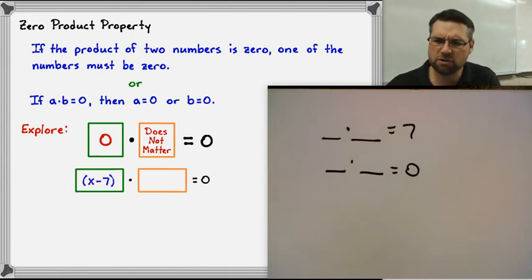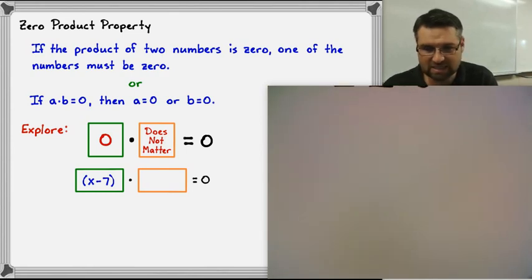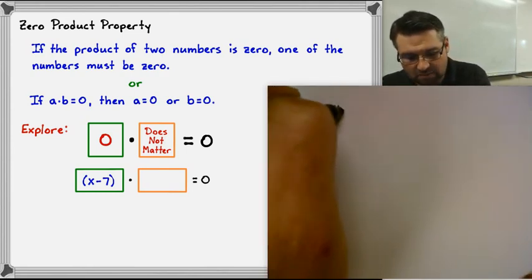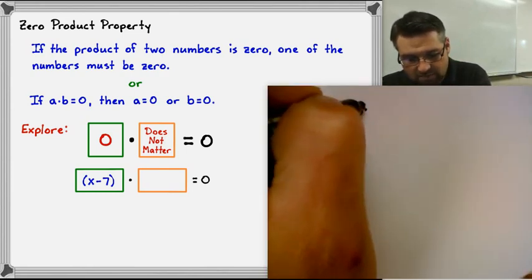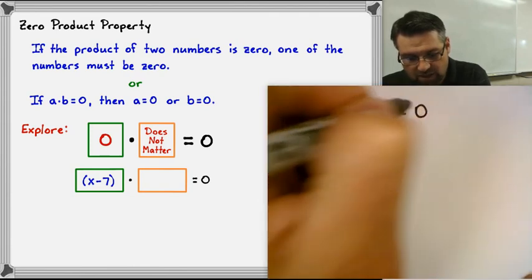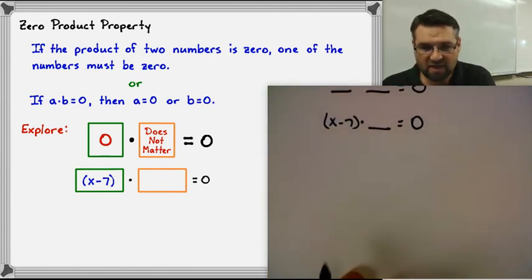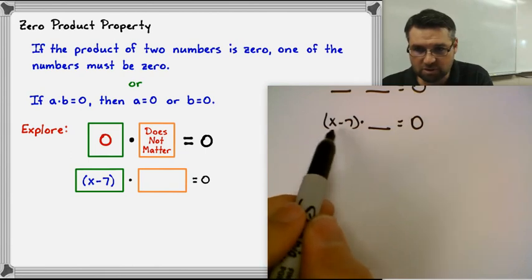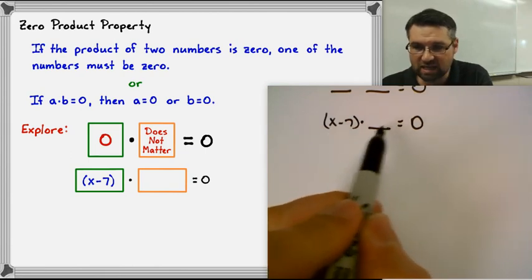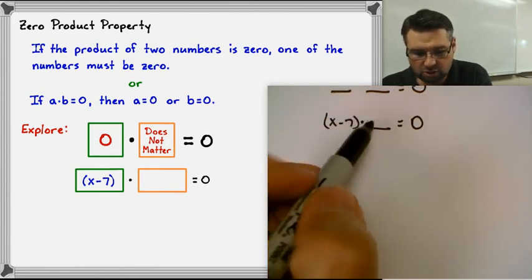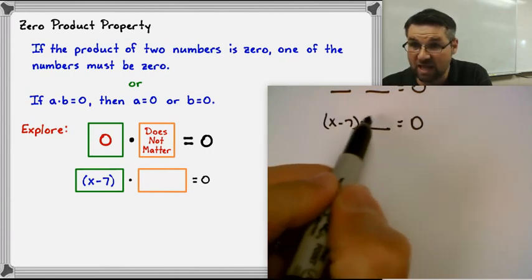What if the first number that I'm multiplying is x minus 7? If I had x minus 7 times some number and we set it equal to 0, that means either this first number is 0 or this second number is 0. Well, let's assume that this second number is not 0.